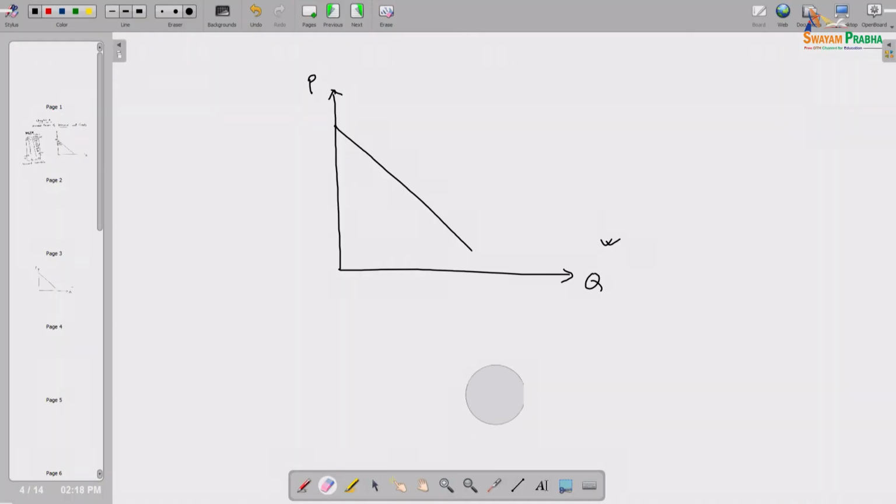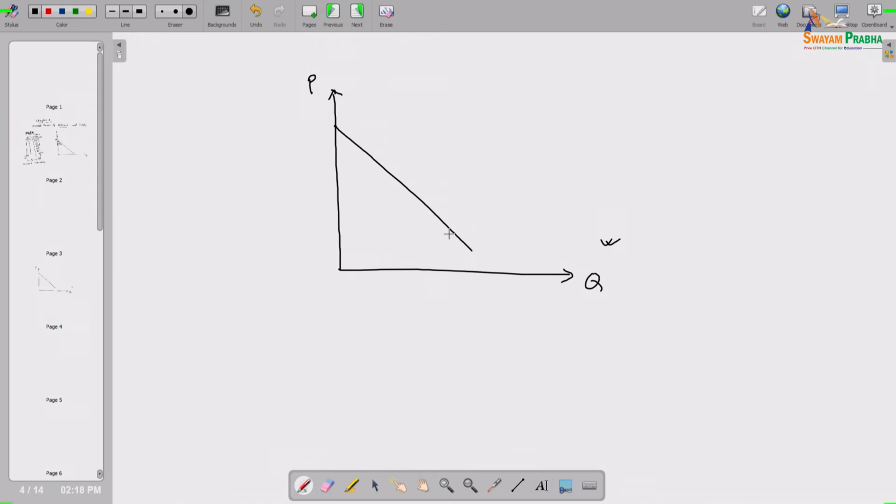Now, say suppose this is our demand curve. The question is, what are the other factors that can influence this demand? Obviously, one of them is the income of the person for whom this is the demand curve.